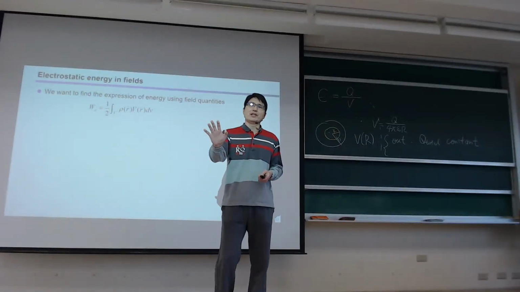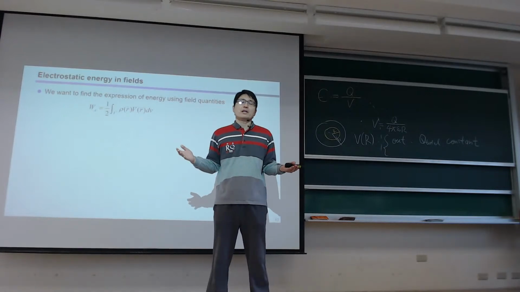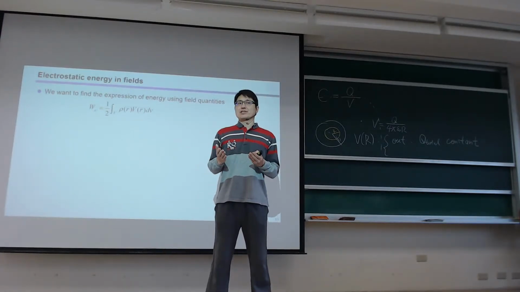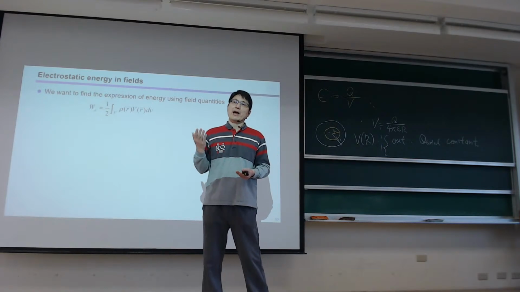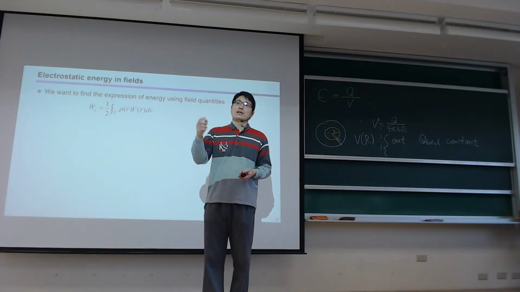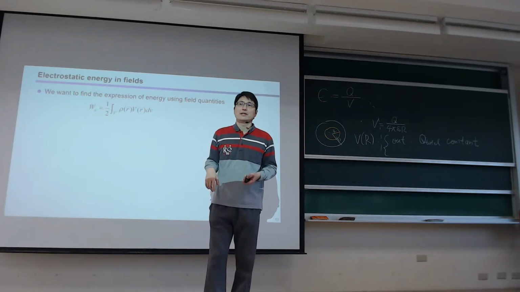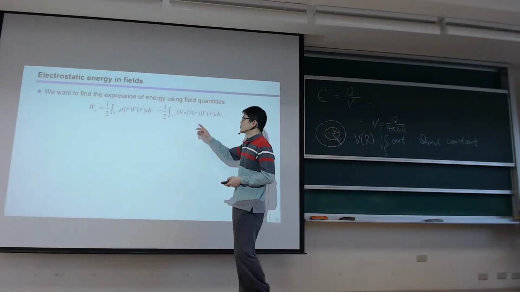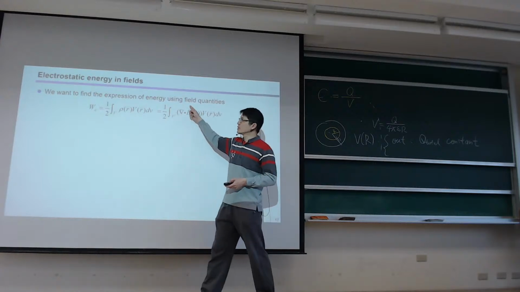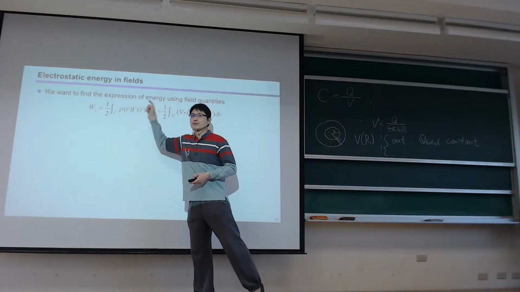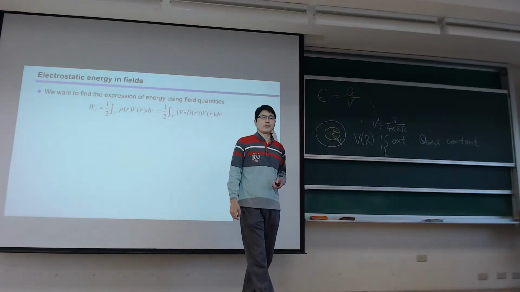But now you have learned, we talked about the flux density, D, a new vector field. How is D formulated? You still remember this one? Divergence of D equals the free charge density, right?